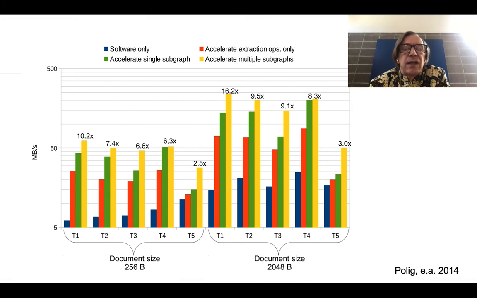And on this slide, you see that even for documents of really small size, there was already a good benefit for accelerating the software with this AQL accelerator, and a bigger benefit as the size of the documents grew. And this is compared to a parallel implementation of the software. So I think this was a very nice result.